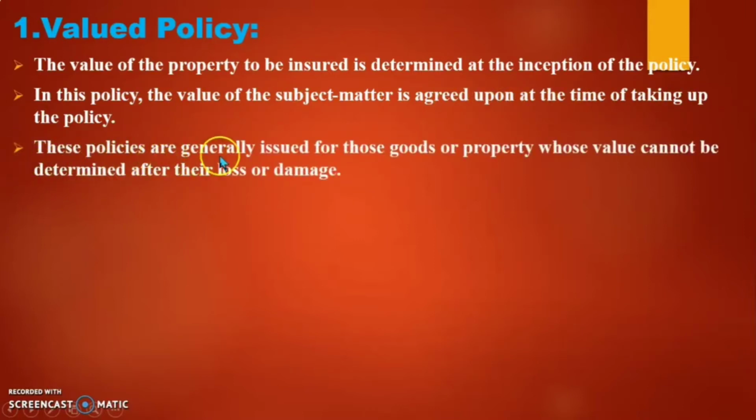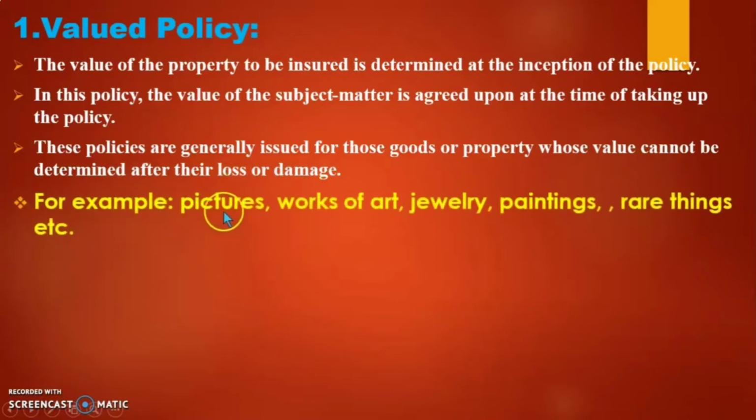These policies are generally issued for those goods or property whose value cannot be determined after their loss or damage. For example, pictures, works of art, jewelry, paintings, rare things, etc.